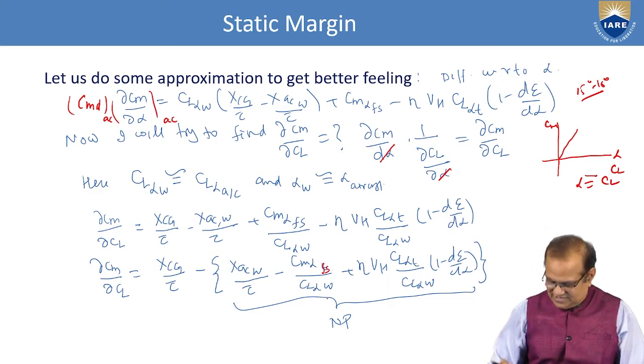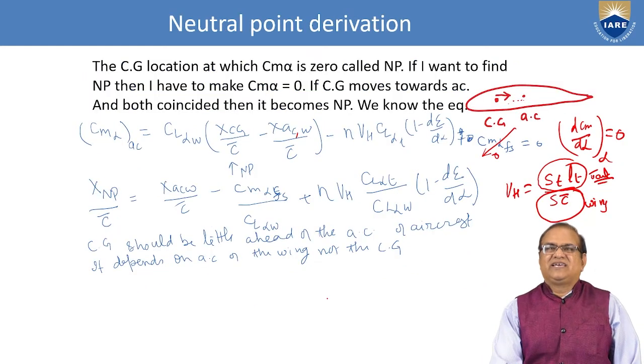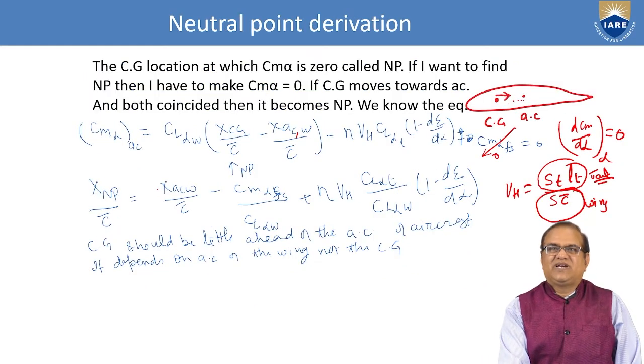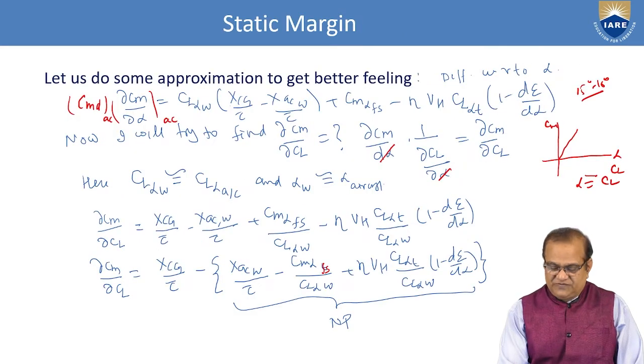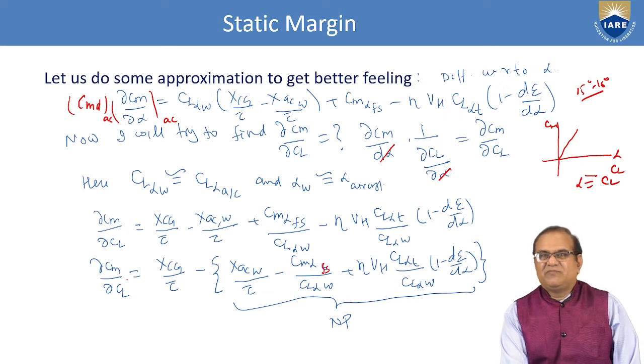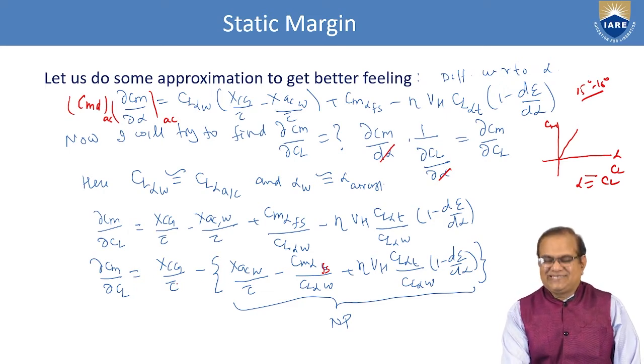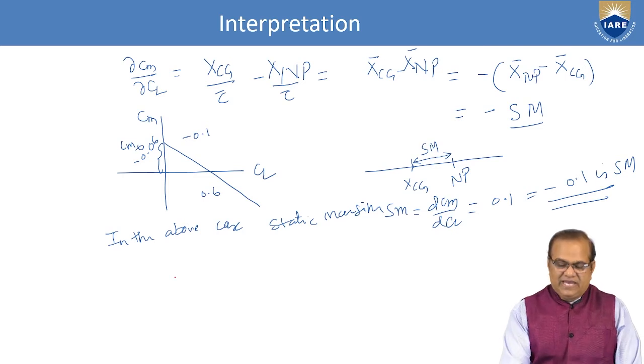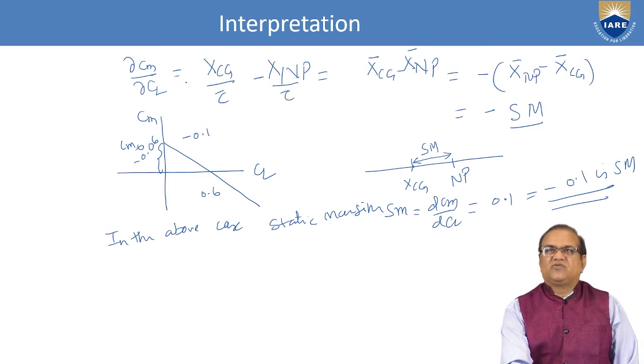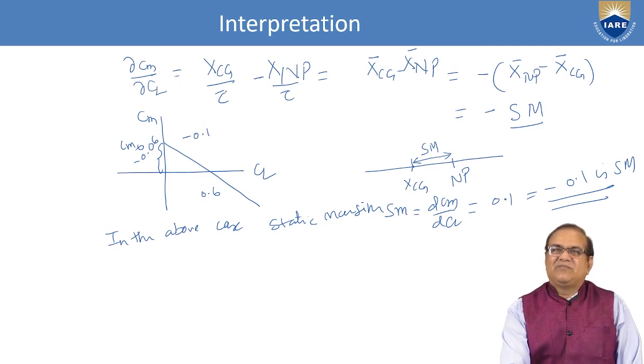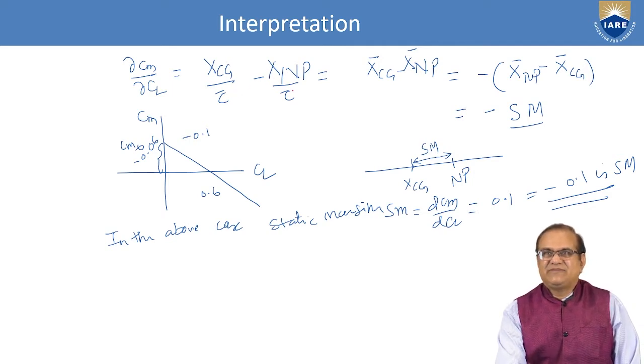And you might have seen in our previous discussion that this is our neutral point. So we have shifted to the neutral point, and dCm by dCl is equal to XCG by C bar minus XNP by C bar.